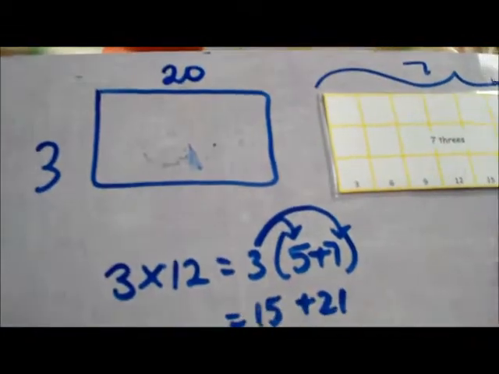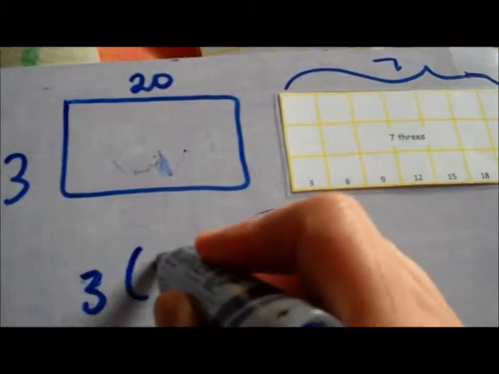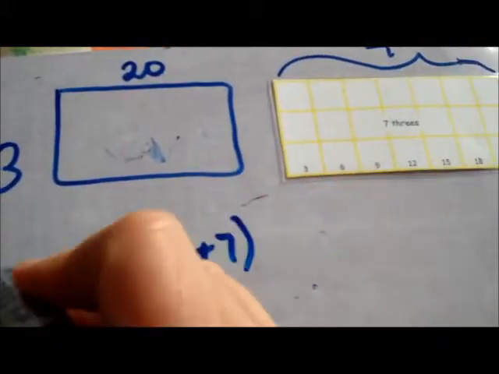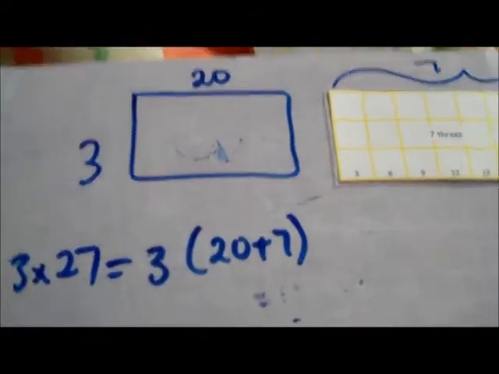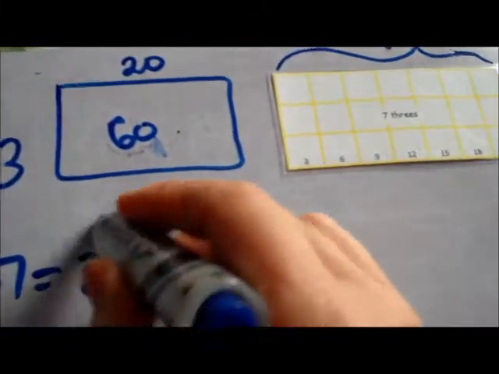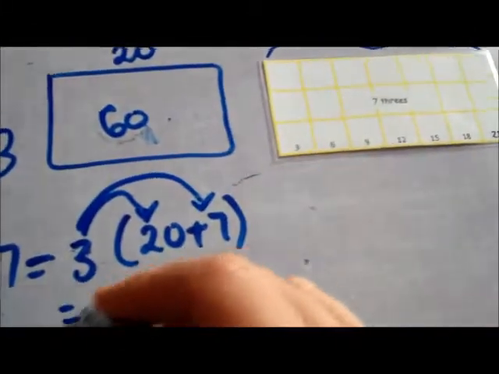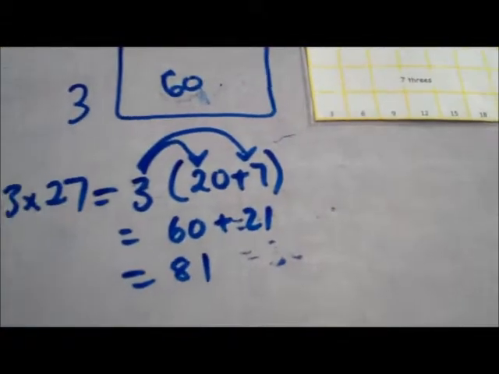Okay, so now I would have 3 lots of 20 plus 7, or 3 lots of 27. Right, 3 lots of 20 is 60. 3 lots of 7 is still 21. So it must be 81.